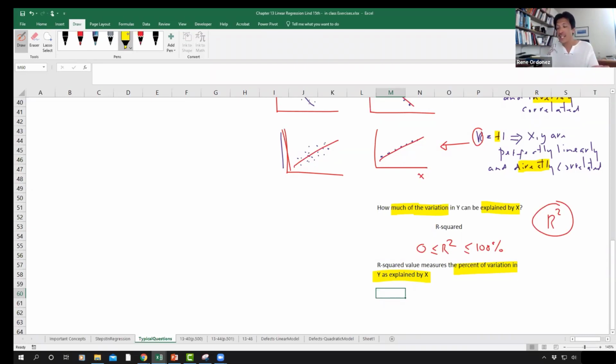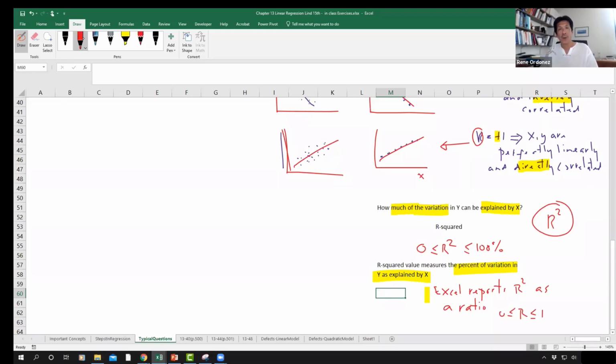Now, the note I was going to say earlier is that Excel reports r squared as a ratio, meaning it is between 0 and 1.